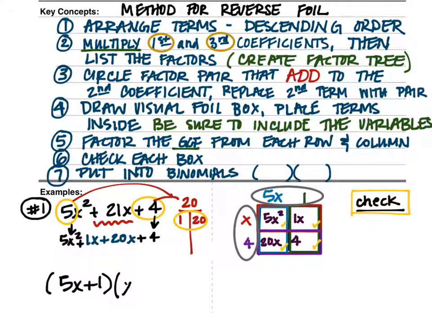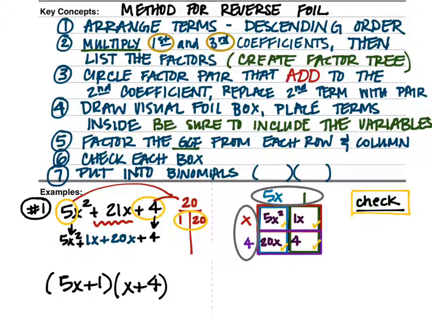So that's going to allow me to write x plus 4 as my second binomial. In doing this, I've already completed my check in that visual FOIL box. Those are the yellow checks that you notice. So I am completed in this concept that 5x plus 1 times the binomial x plus 4, I get the original polynomial of 5x squared plus 21x plus 4.